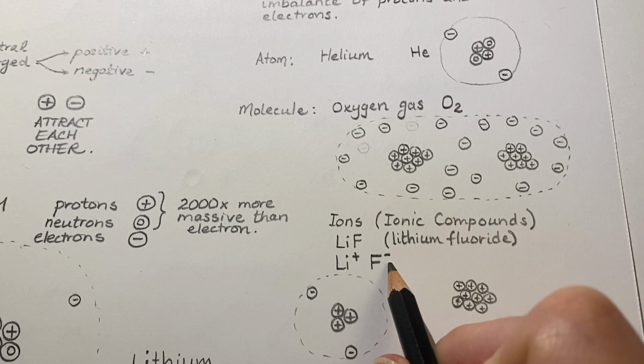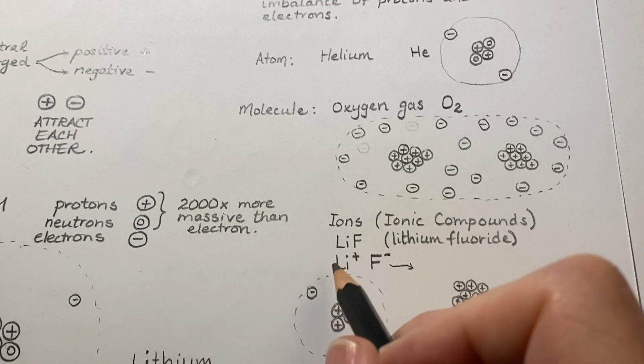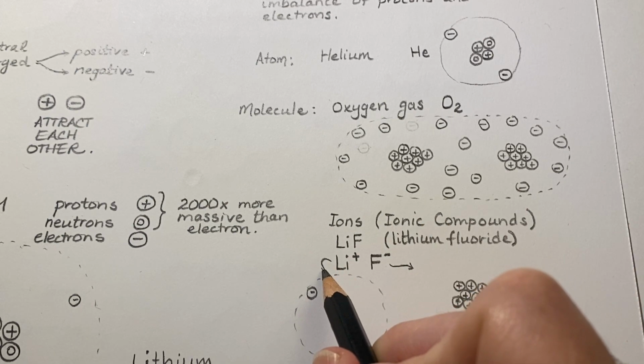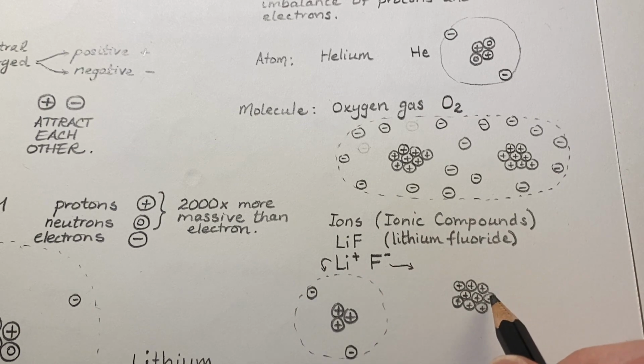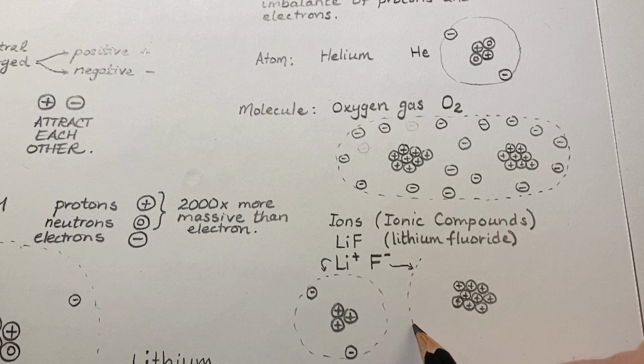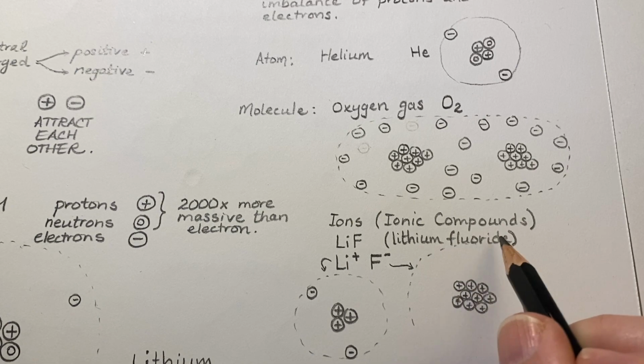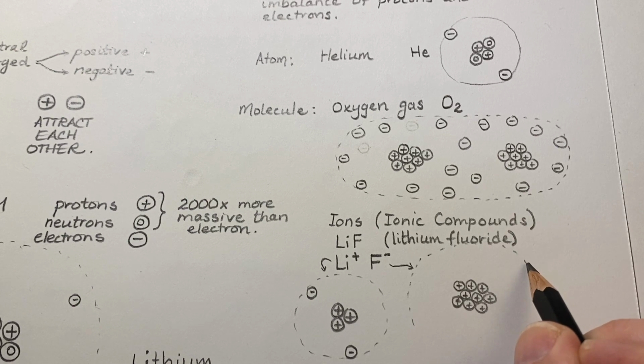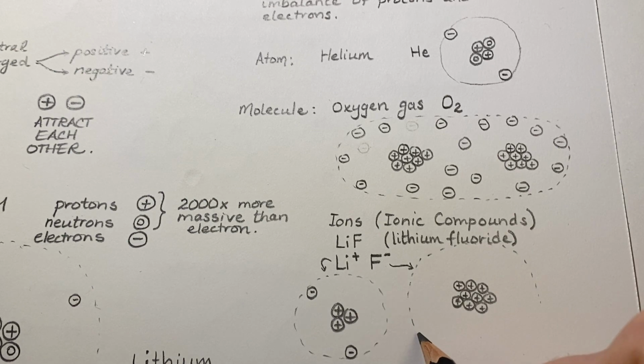Okay. So here's our 9 protons. Okay. So a fluorine atom by itself would have 9. This is just kind of the barrier where the electrons spend their time within this area here. Okay.